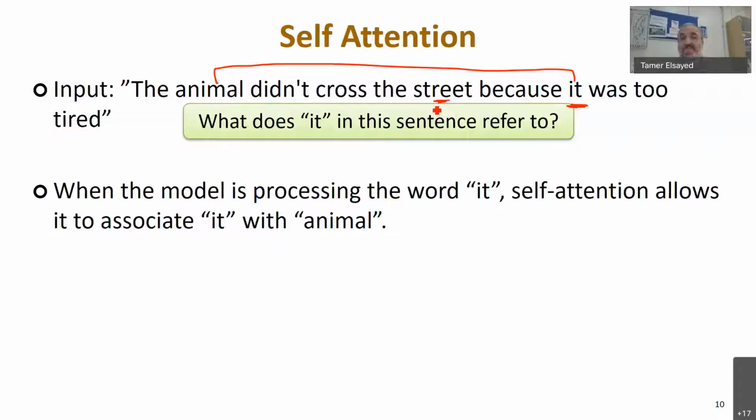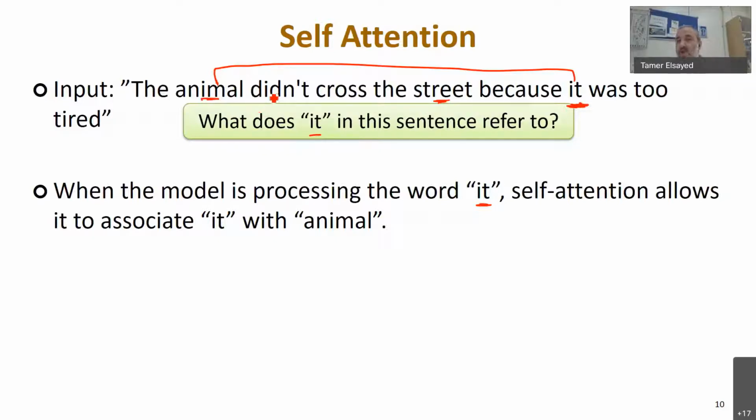So when the model is processing the word "it", the self-attention layer tries to associate it with "animal", tries to involve the word "animal" in encoding the word "it", because it is related to the word animal in this sentence.